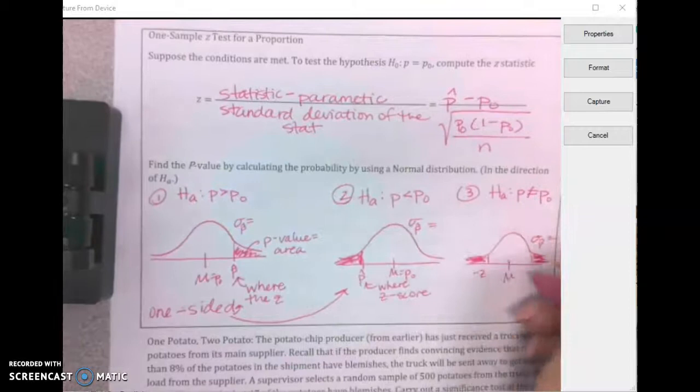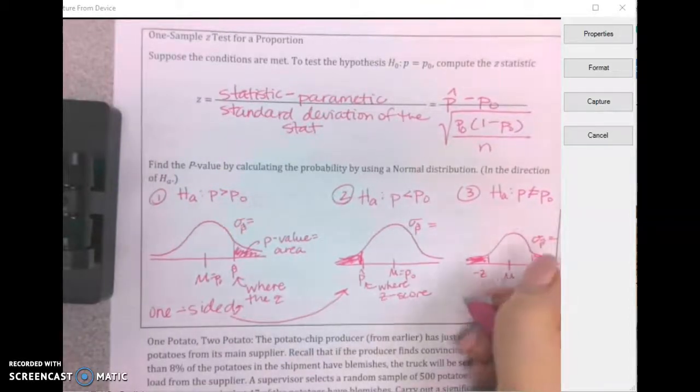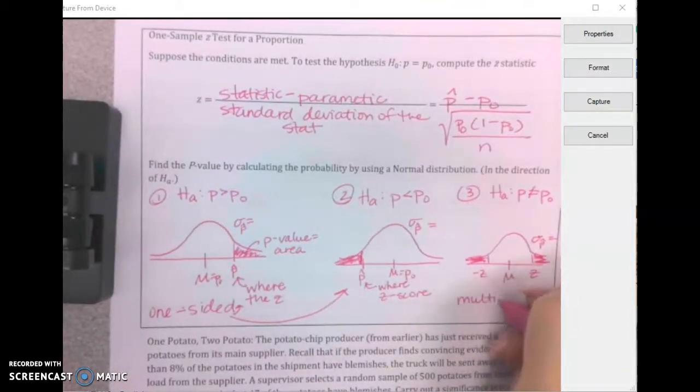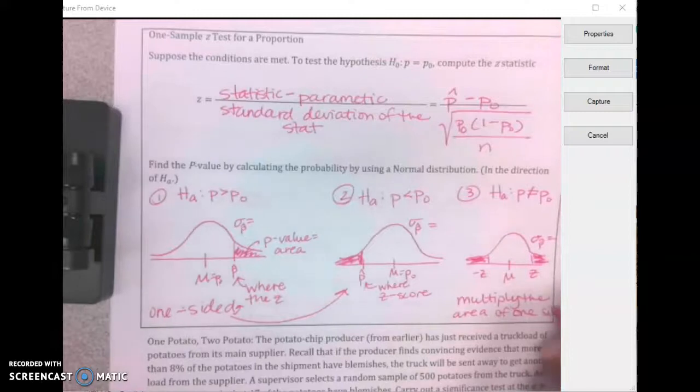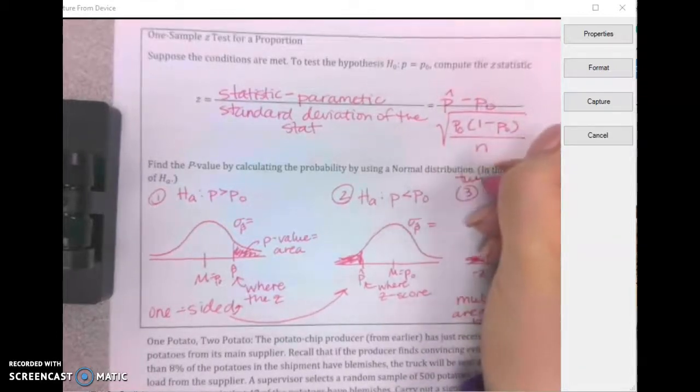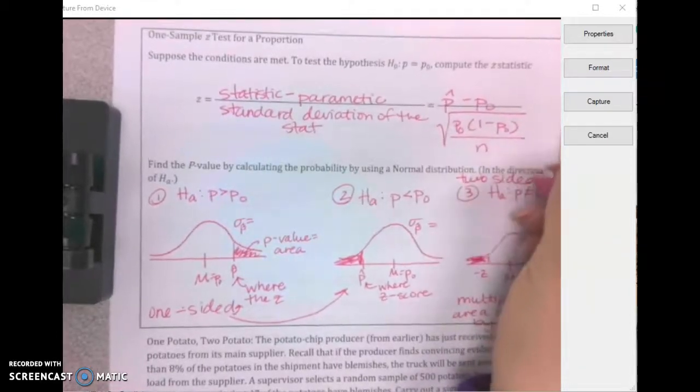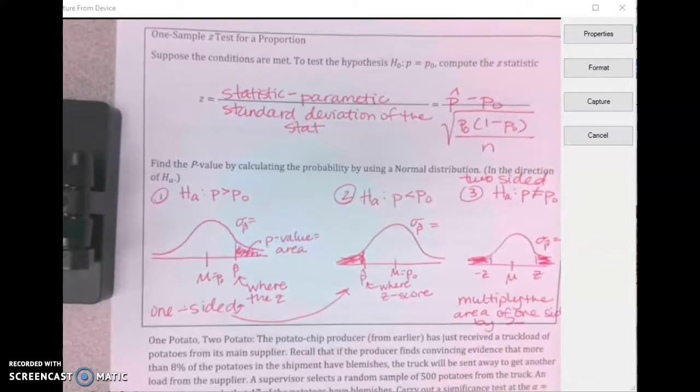We got our negative z and our positive z, and you have to multiply the area of one side by 2 to get the p-value. Okay? Alright. So let's look through a problem, okay?